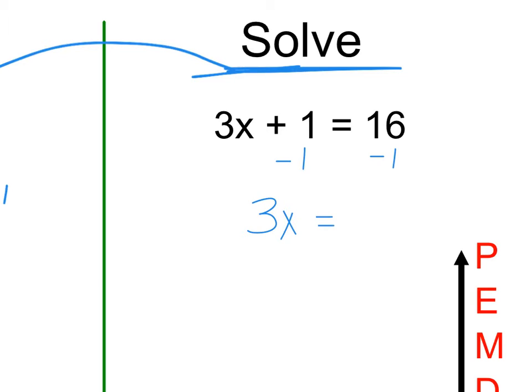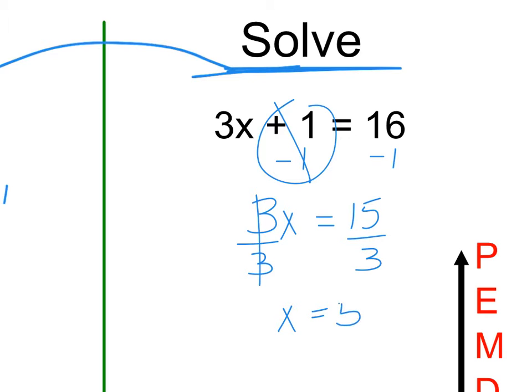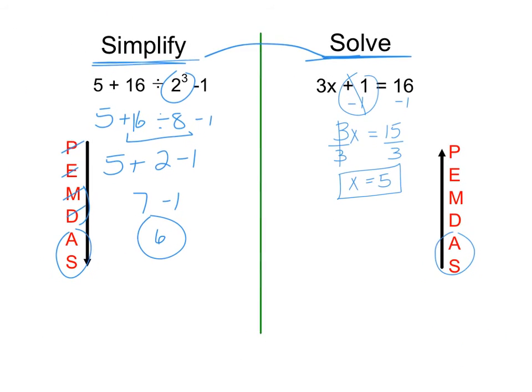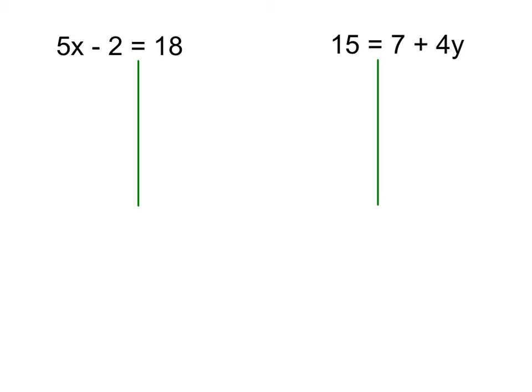Now we have 3x equals 15, right? I moved that plus 1 to make it minus 1 over, so it's gone. 3x equals 15, and now multiplication and division. So if I'm multiplying x by 3, I need to divide by 3 to get x by itself, and x equals 5. So doing reverse order of operations to solve these problems.